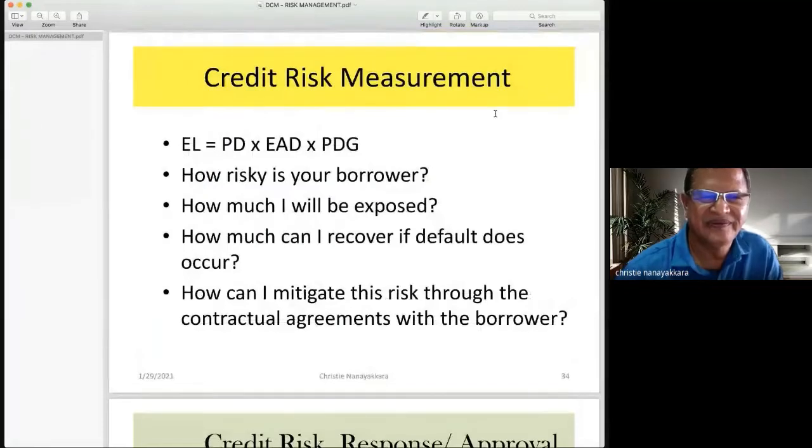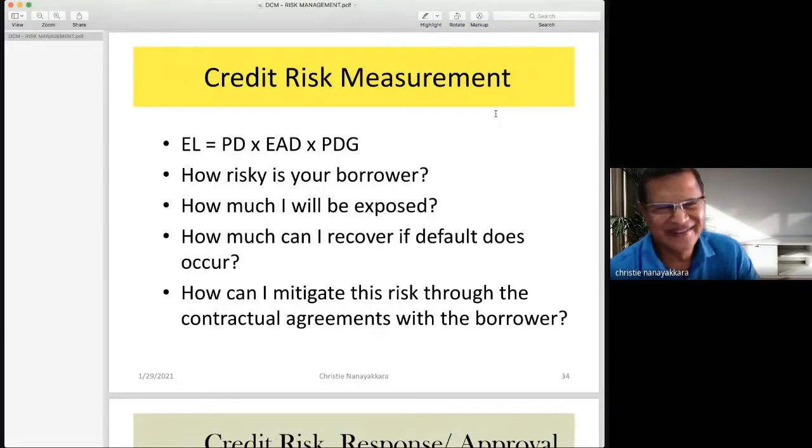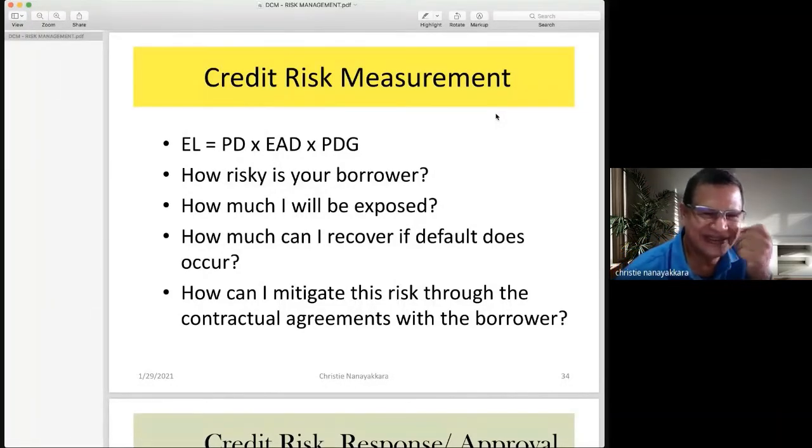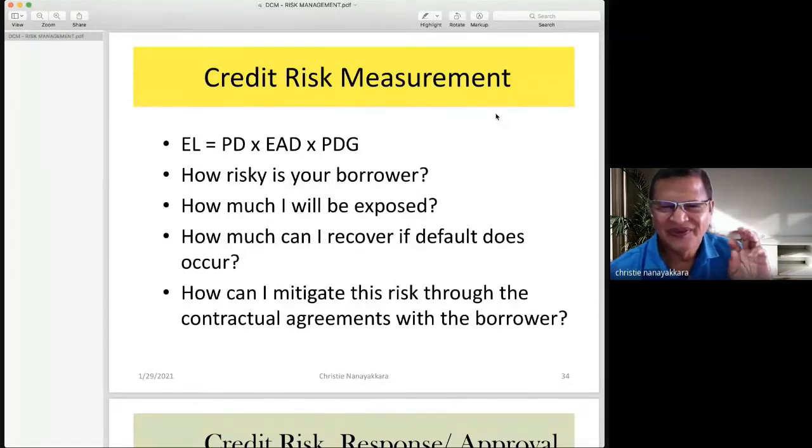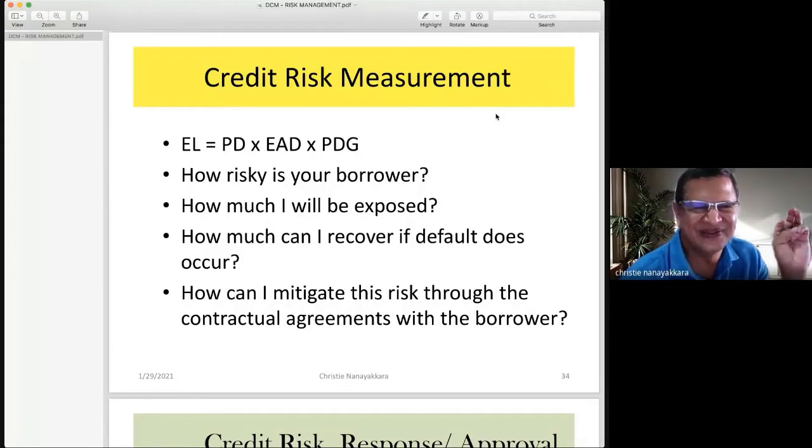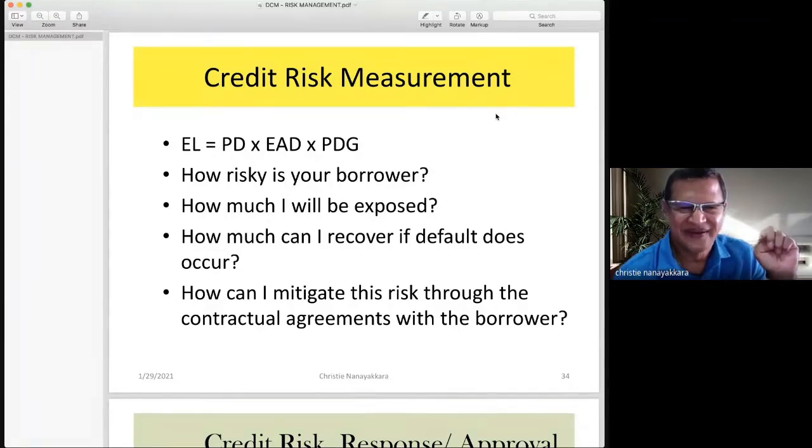Then we go into another important area, measurement. Now, I told you that on your evaluation, you will see whether your customer is creditworthy. Credit risk people also have ways to verify through a kind of mechanical system how trustworthy or how good your borrower is, or how risky your borrower is in their terms.